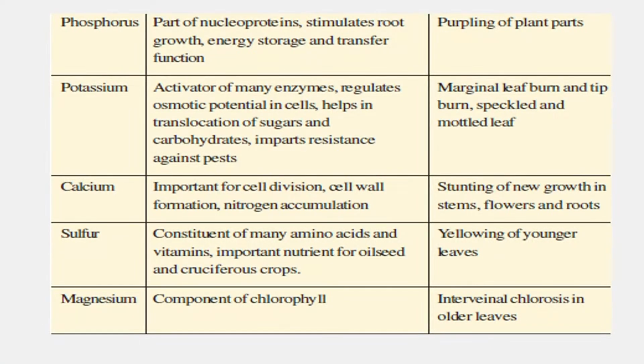After that we also discussed the major roles played by the various types of nutrients in the plant. Nitrogen is particularly helpful for plant growth, while phosphorus is a part of nucleoprotein, and it stimulates root growth as well as energy storage and transfer function.